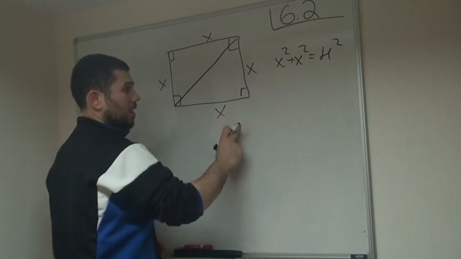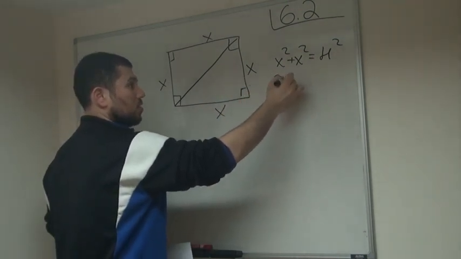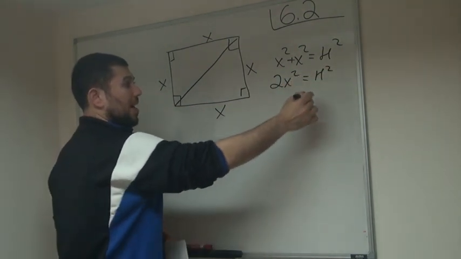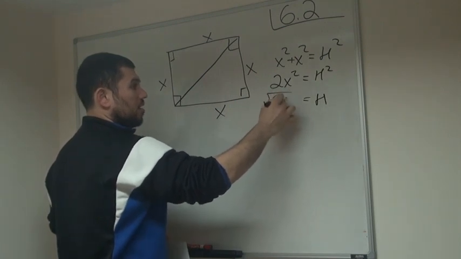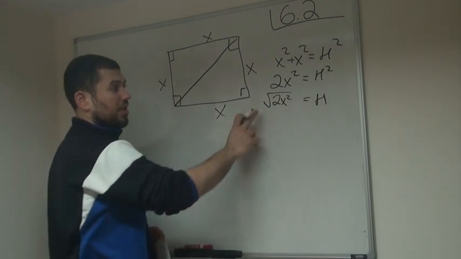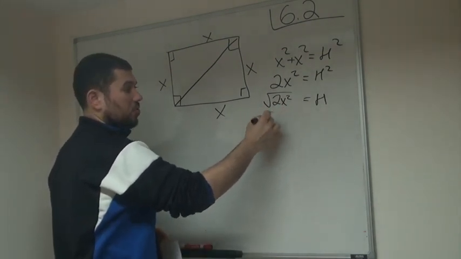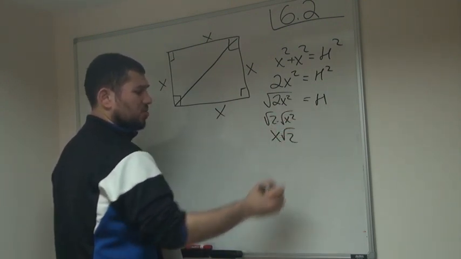Since they're both the same length, they're both x. x squared plus x squared is 2x squared. That gives me the hypotenuse squared. The hypotenuse itself would be the square root of 2x squared. And any of you that paid attention when we were reviewing chapter 1 would say, okay, I can break up a radicand that has 2 factors in it to say root 2 times root x squared, and I get x rad 2.